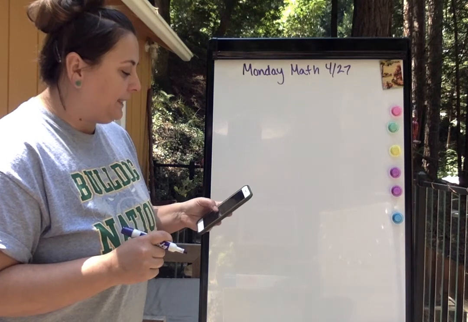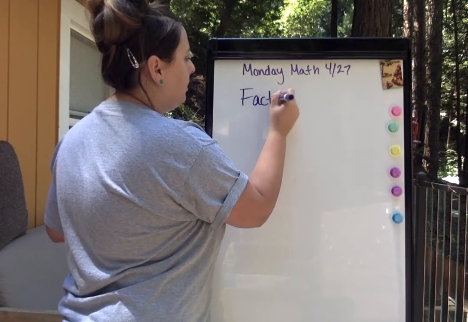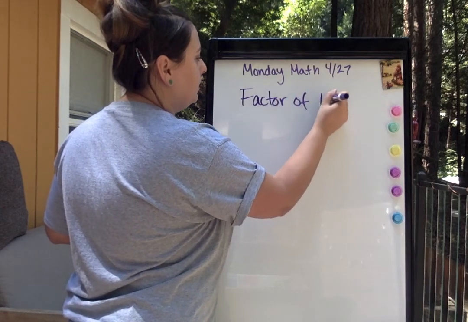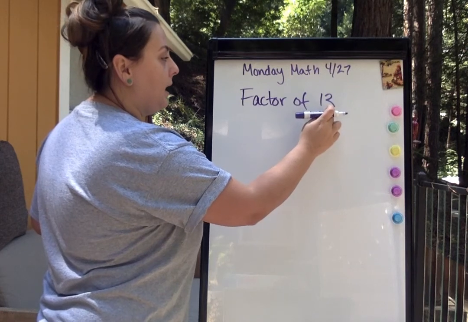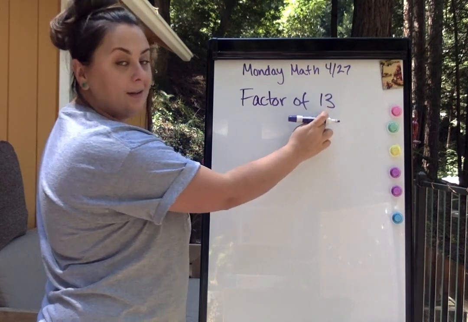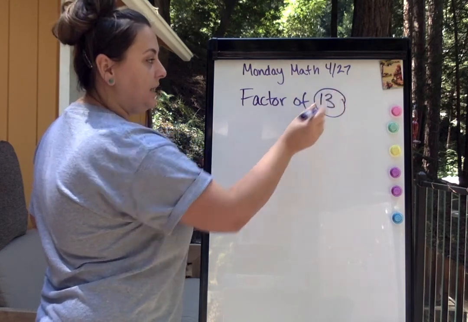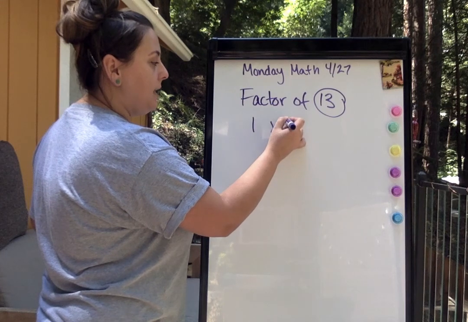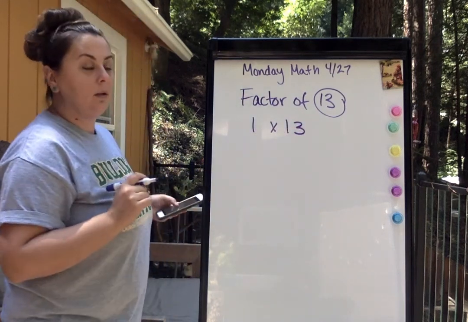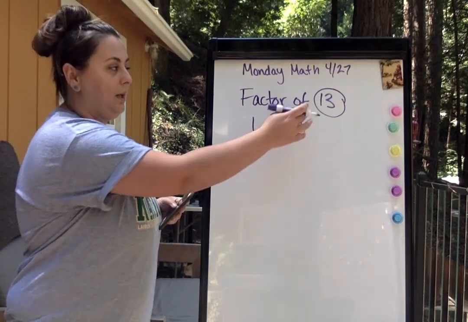Okay, Monday, number 1. It says check all the factors of 13. What this is asking you for is how many ways or what fact family of 13. How do we make a 13? Well, we make a 13 with 1 times 13. Is there any other way using multiplication to make a 13?